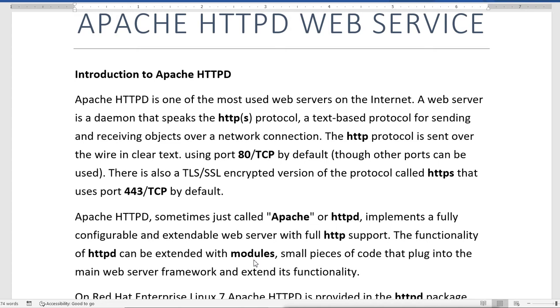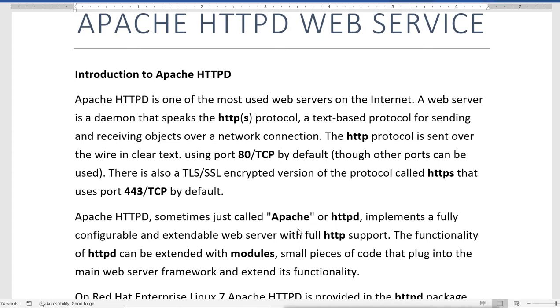That means it is also called a modular server, because we can extend the functionality by adding different modules. These are small pieces of code that plug into the main web server framework and extend its functionality. So for increasing the functionality of the web server, it also accepts modules. We can add different modules to add different functionality.